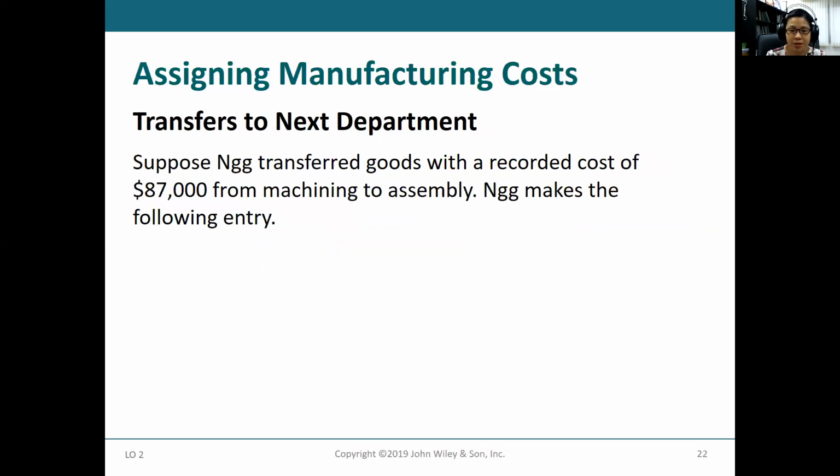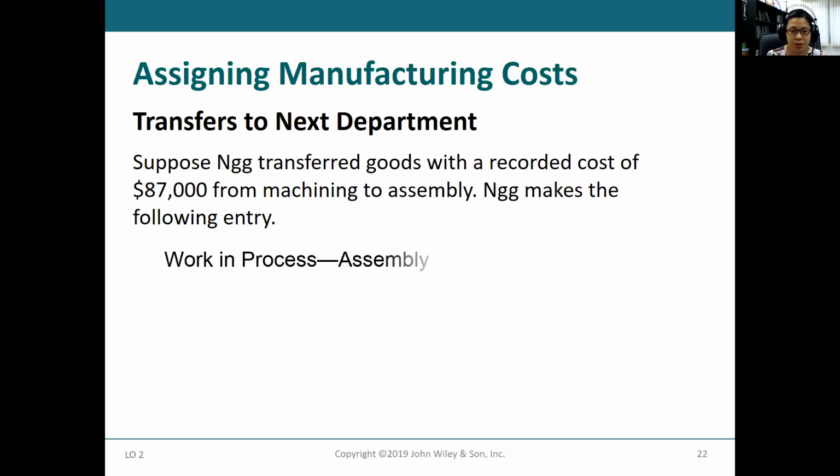Now, after we finish producing in one department, we transfer the product to another department. Suppose that NGG transfers goods with a recorded cost of 87,000 from machining to assembly. NGG makes the following entry.